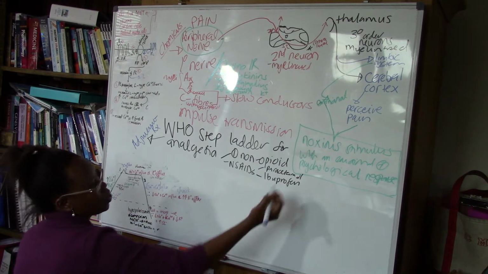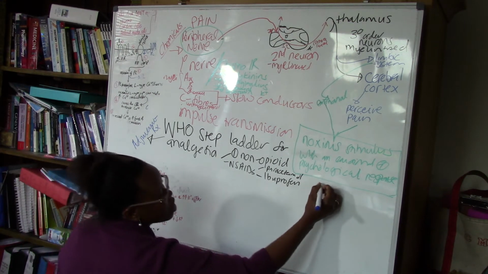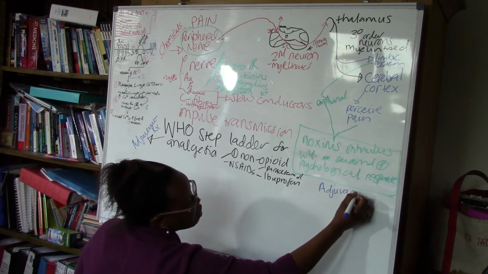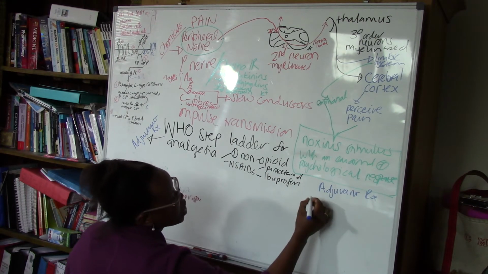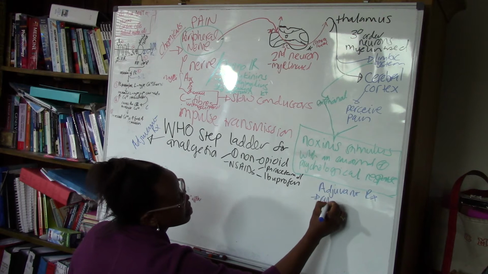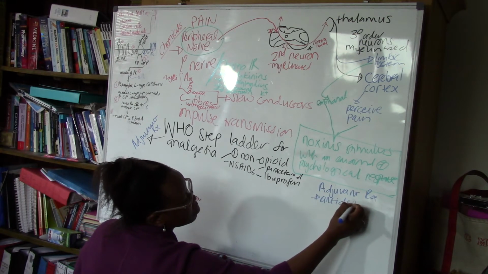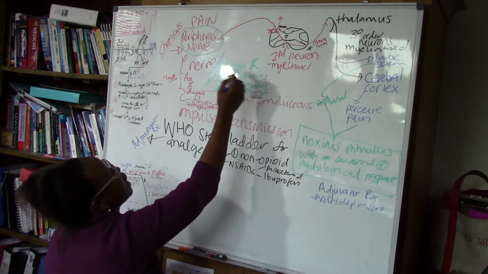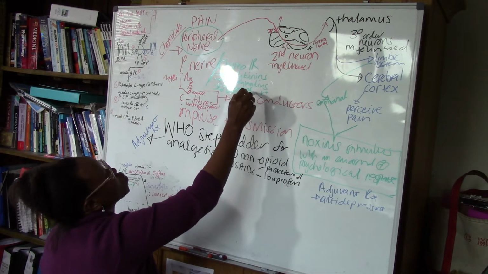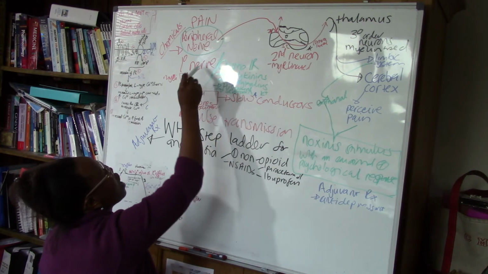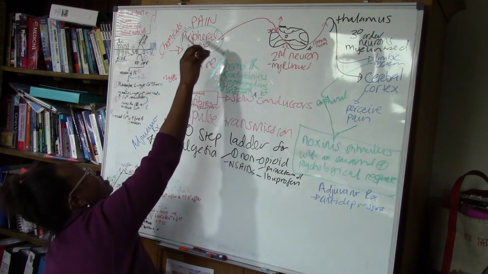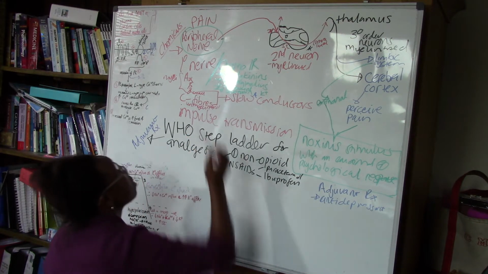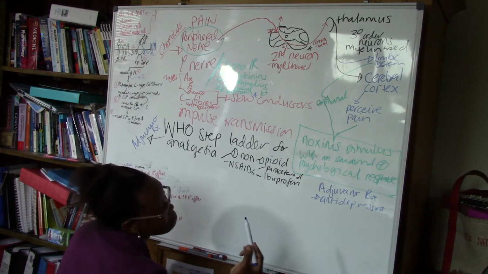And these include, I'll just write them here. So the adjuvant therapies for pain will include antidepressants, because if we can remember, serotonin as well does stimulate the peripheral nerve to fire that impulse, to undergo depolarization and fire.